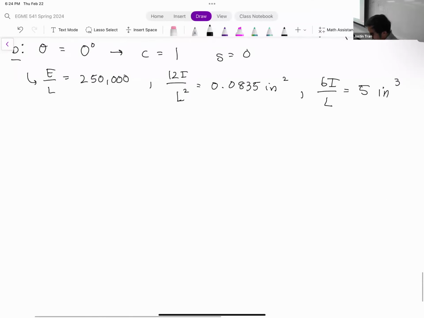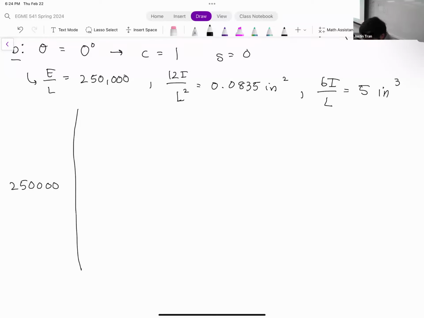Let's go ahead and start writing the matrix. The matrix here, we start with 250,000. These entries are going to look a little bit different than the previous one because remember, cosine is active this time and not sine. So that changes which terms are active in which areas of the matrix.